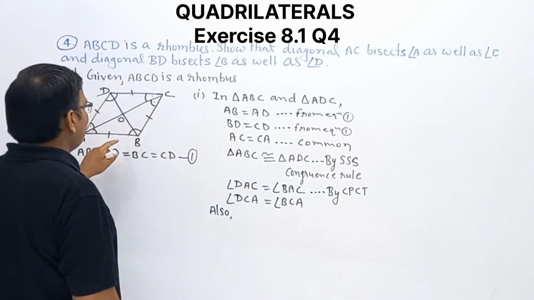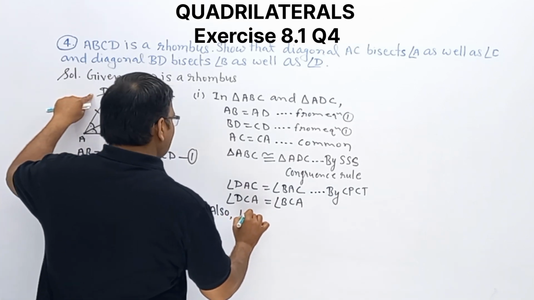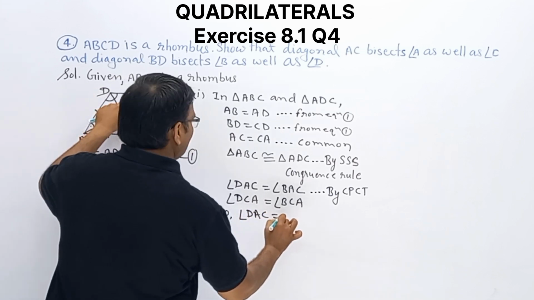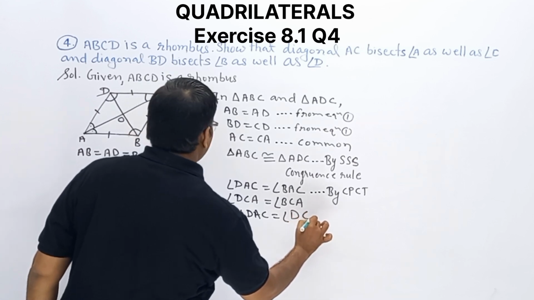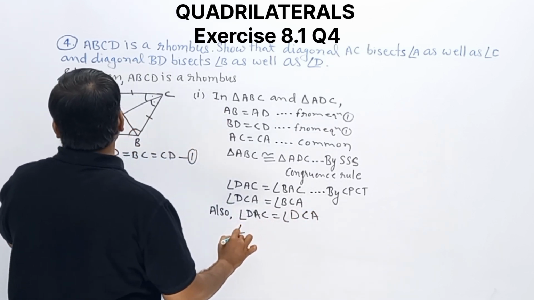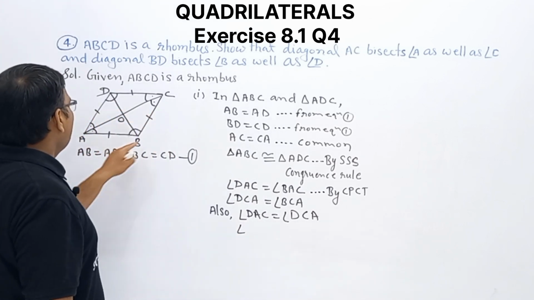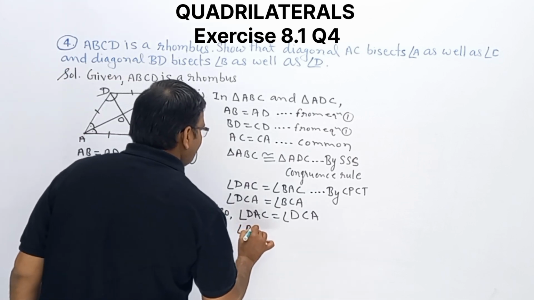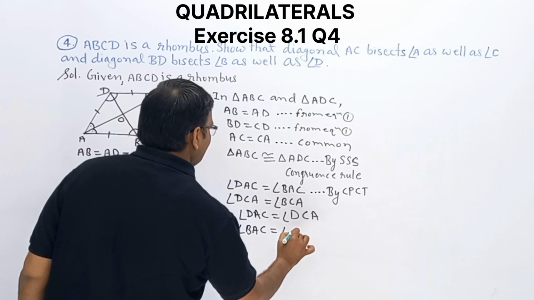So what we can say, angle DAC equal to angle DCA, and similarly for triangle ABC, angle BAC equal to angle BCA.